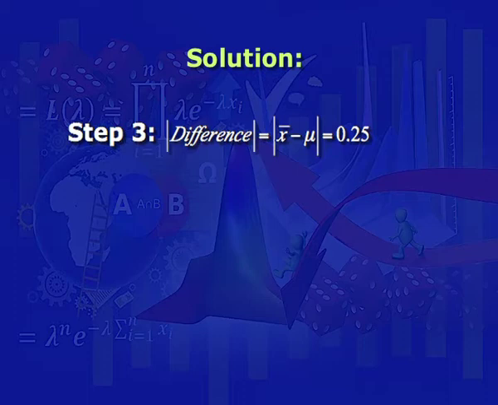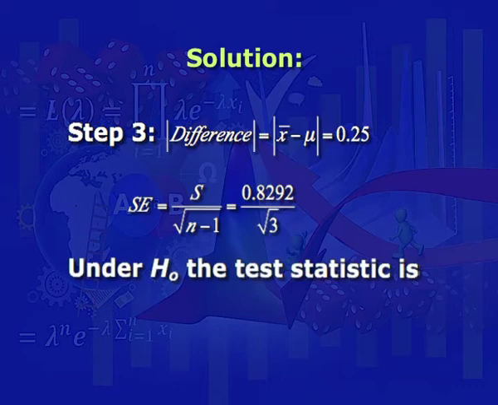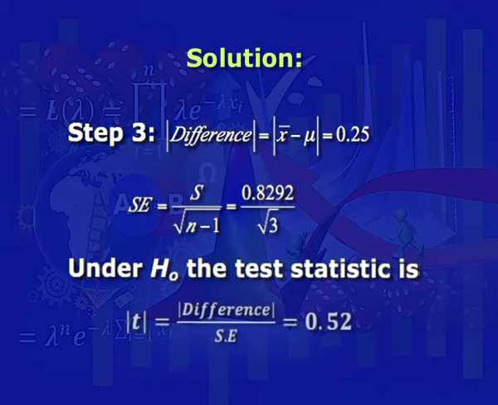So, absolute difference of x bar minus mu equal to 0.25 and standard error equal to s divided by root n minus 1, which is equal to 0.8292 divided by root 3. Under H0, the test statistic is given by modulus t equal to the absolute difference divided by standard error.